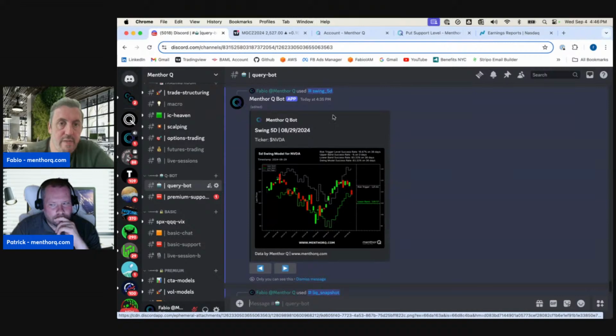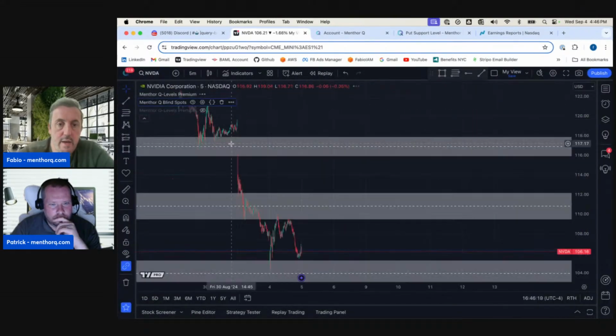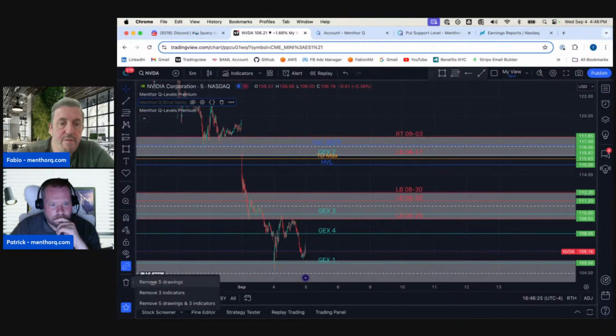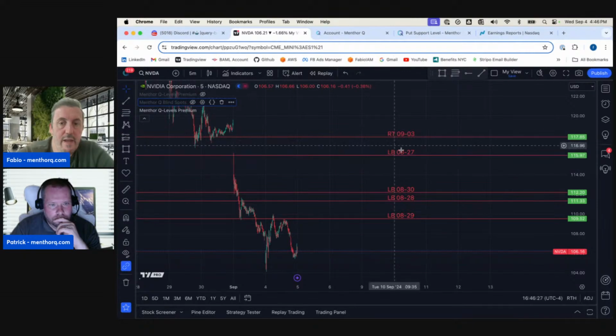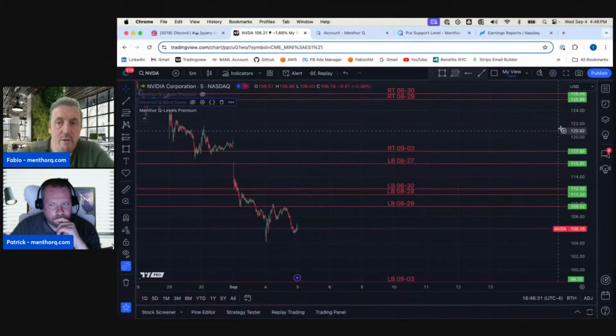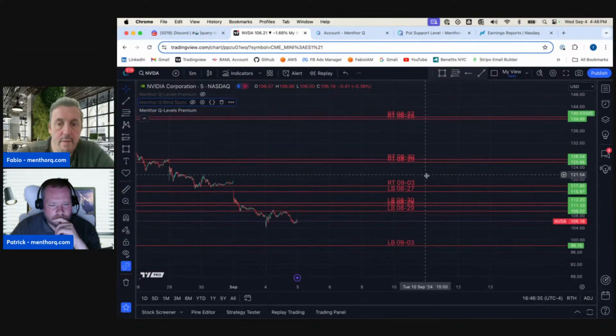So that's why when we go here on NVIDIA via the bot, you're always going to see the latest five days. Those are the levels that are still in play, because obviously that's how the level works. So here you have the 27th still in play, the 28th still in play, the 29th still in play, right?